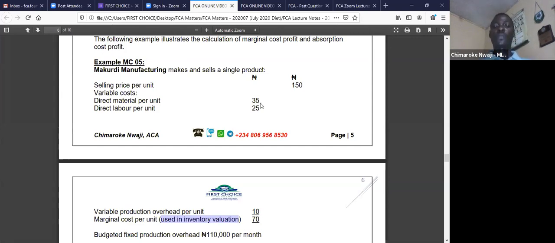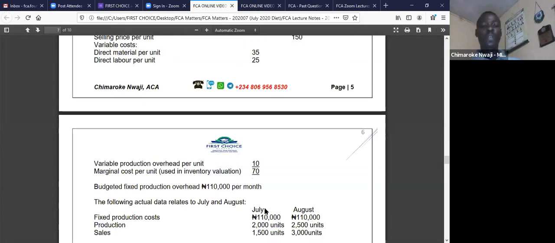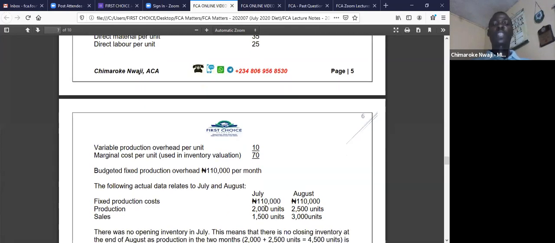It's the sum of direct material, direct labor, and variable production overhead. We were told that budgeted fixed production overhead is 110,000 naira per month. This is fixed because every month you keep paying 110,000 naira.